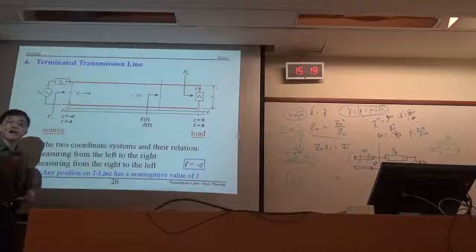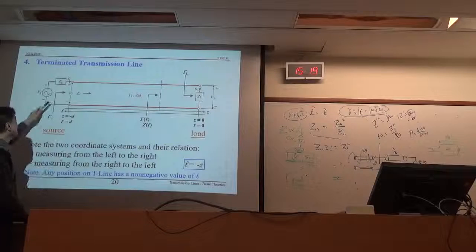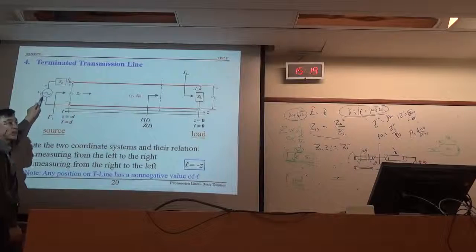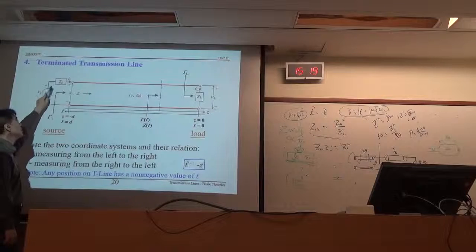Now, with Vi and Ii known, there are several things I can find. I can find the power supplied by VG, because it is equal to half VG Ii.